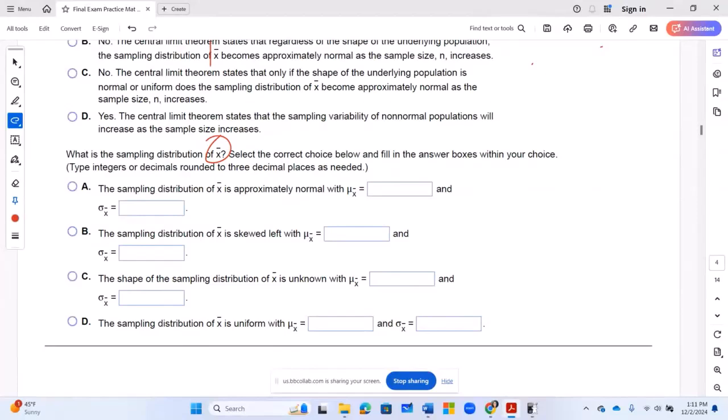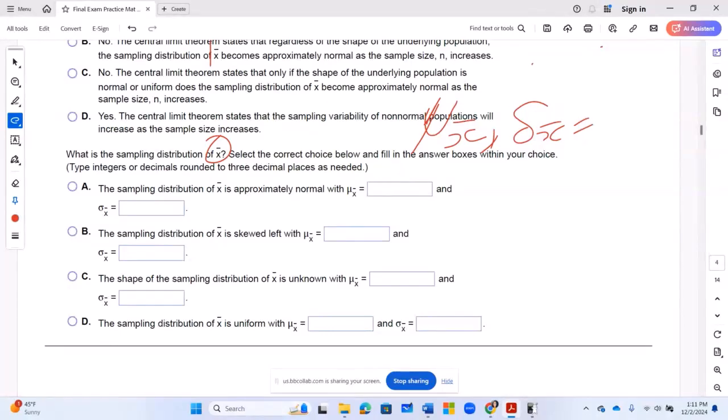Whenever you are asked about the sampling distribution of X bar, it means that they are asking you to find mu X bar, the mean of the central limit theorem, and the standard deviation of the central limit theorem. Remember, the standard deviation of the central limit theorem is called the standard error.